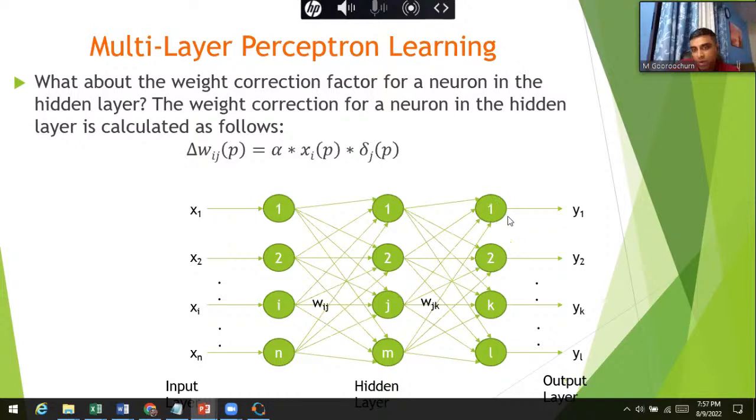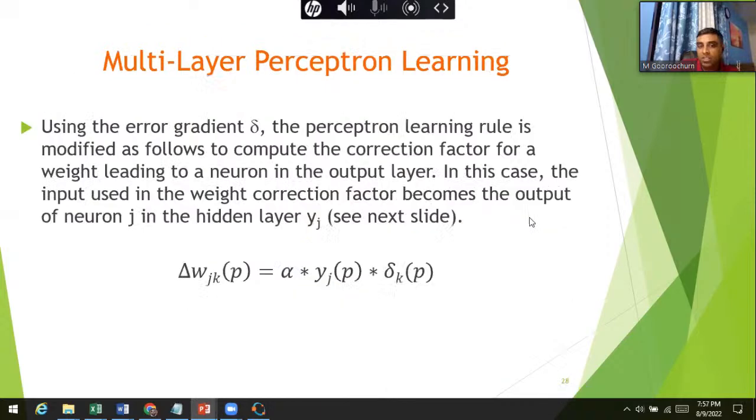When I want to correct this neuron, I have to apply alpha times X times delta, where the X becomes Yj. If I want to correct this neuron here, it's going to be alpha times X, and X would actually be this X because this is what's feeding this neuron. This is why you have a Y here, because this is the output from the hidden layer to the output neuron. But the fundamental rule is the same. Alpha times X times E has become alpha times X times delta now. Why delta? Because we are dealing with hidden layer neurons.